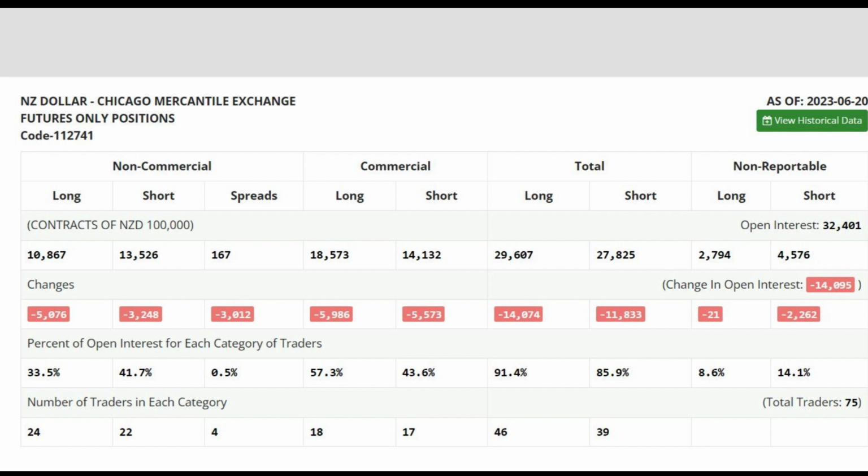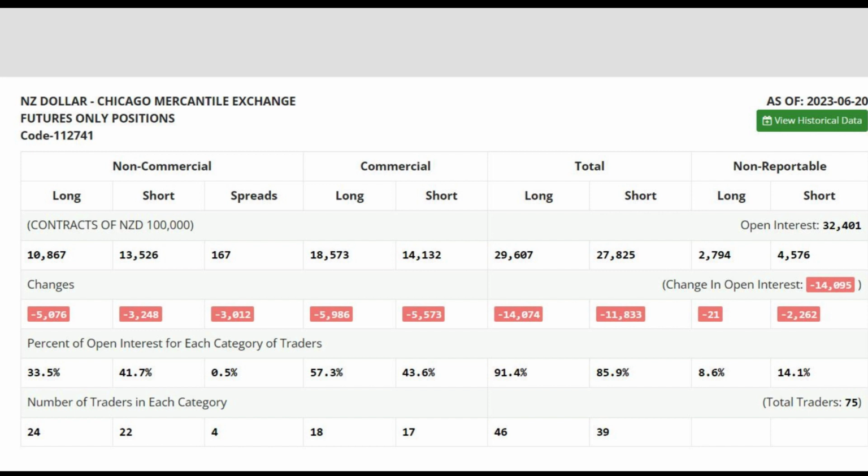By understanding the numbers, I know the shorts have much more control than the longs, because 13.5k is much bigger than close to 11k. So therefore, I know the shorts or the sellers are in control of the New Zealand market.